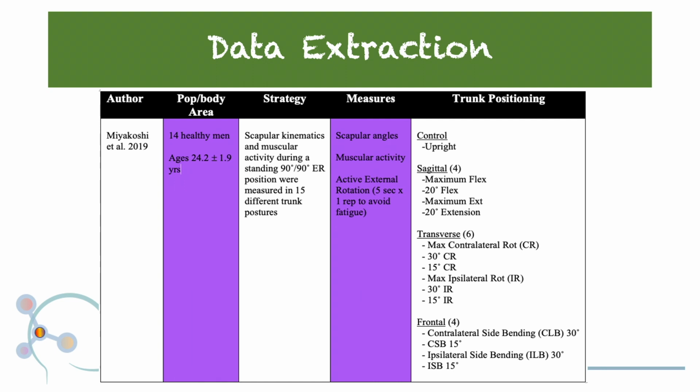Rotationally, we had a max contralateral rotation, 30 and 15 degrees of contralateral rotation, and a max ipsilateral rotation, and a 30 and 15 degree ipsilateral rotation. In the frontal plane, contralateral side bending at 30 degrees and 15 degrees, as well as ipsilateral side bending 30 and 15 degrees were also utilized.